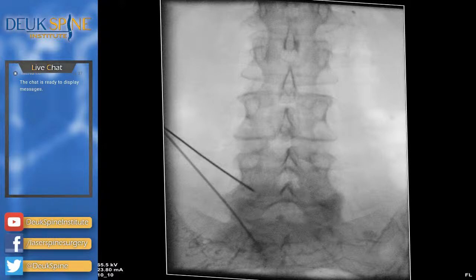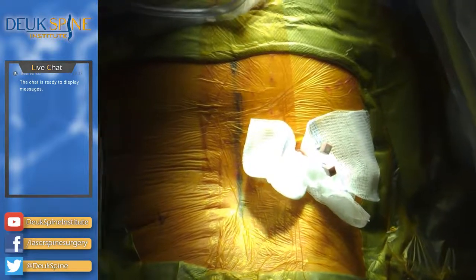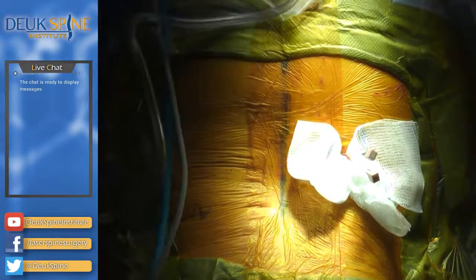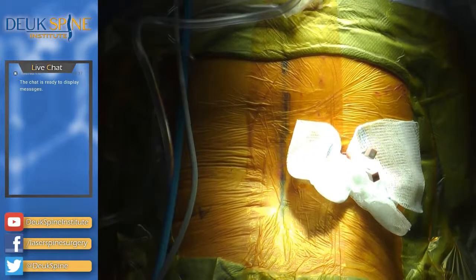That's L5-S1. So 8 out of 10 for L4-5, 10 out of 10 for L5-S1. Concordant. Let me get an x-ray. Isn't that amazing how it just spilled out?